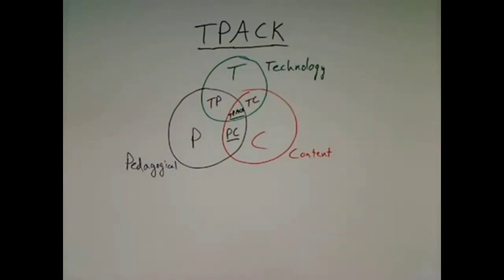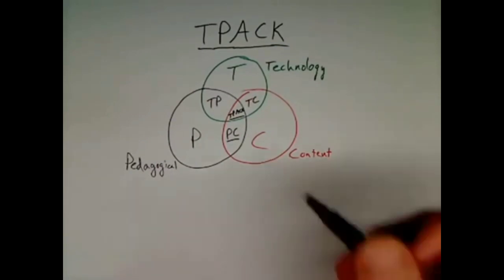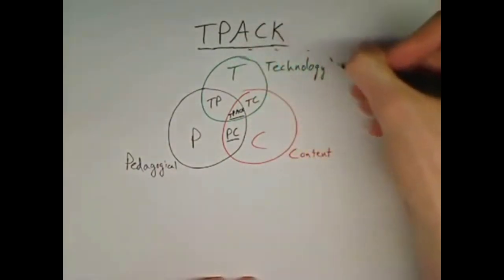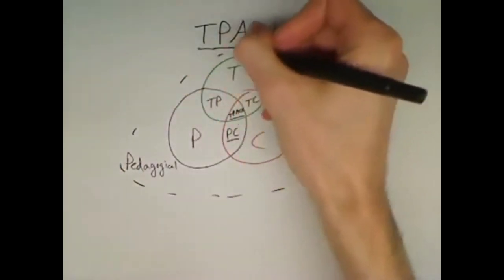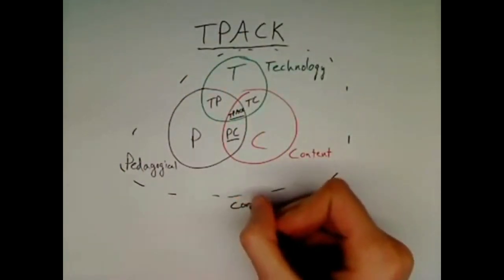Now, TPAC has been under some attack because it does propose to be the entire package or the full view of technological integration. And part of the response that TPAC authors have come up with in defending TPAC has been to put a dotted circle around everything that they say is context.